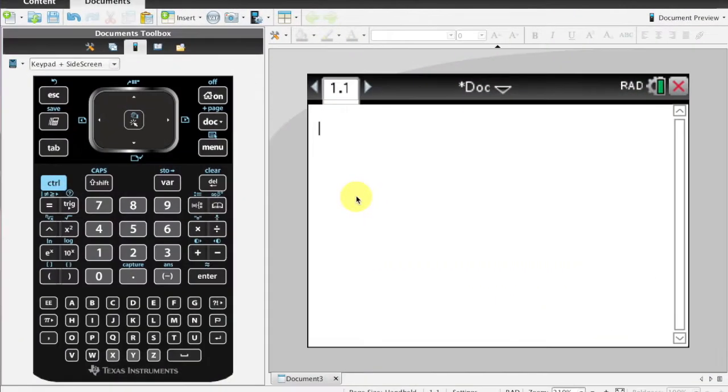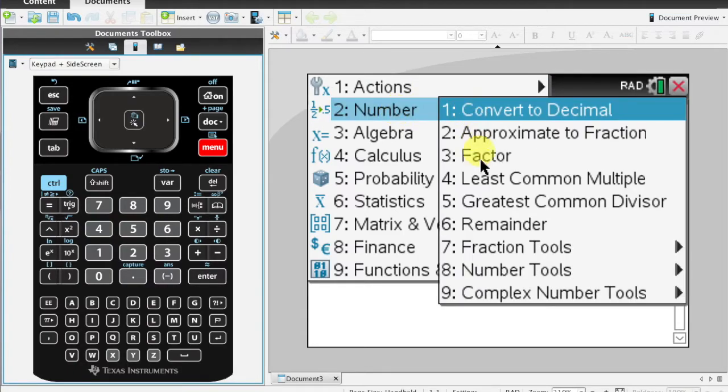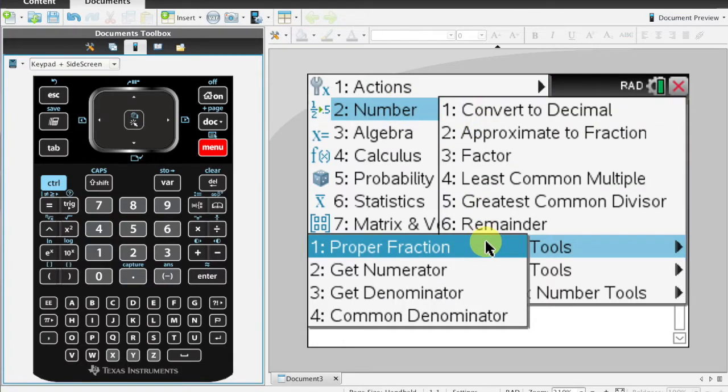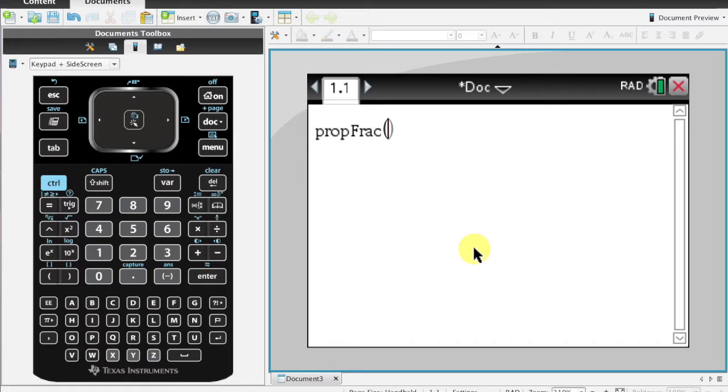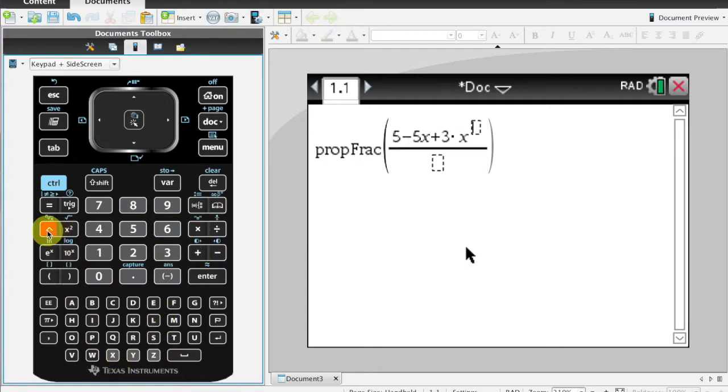On our CAS calculator, those steps: I go menu, number, fraction tools, and then I want proper fraction. I'm going to bring up the fractional tool here, and it's the polynomial 5 minus 5x plus 3 times x to the power of 3.